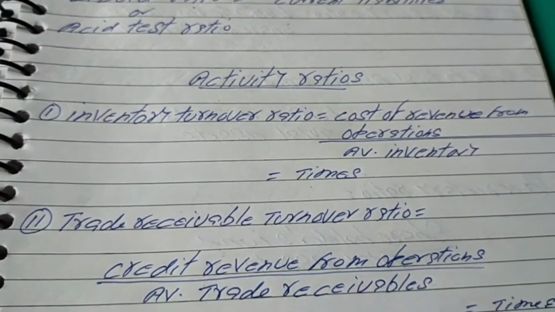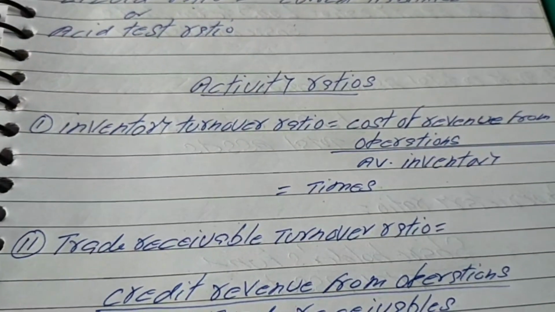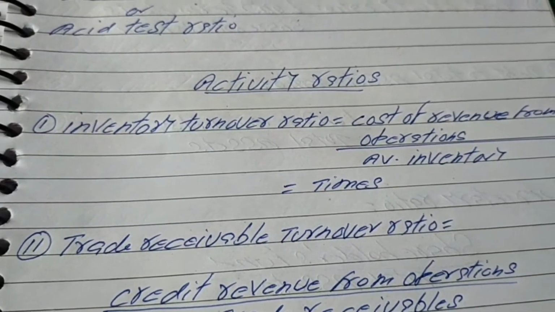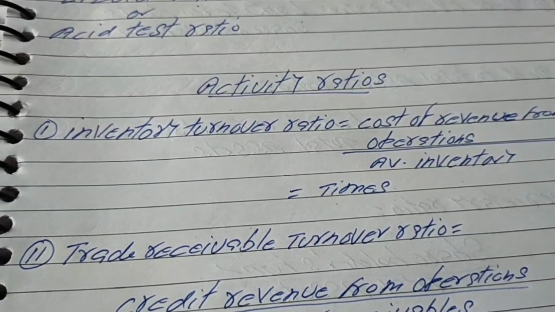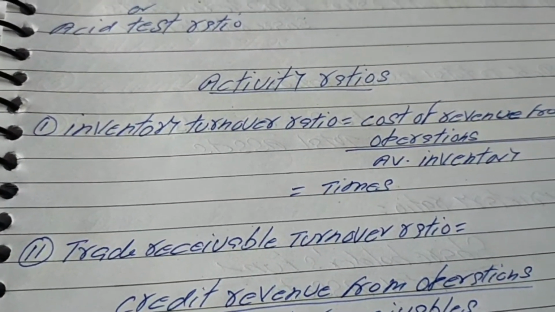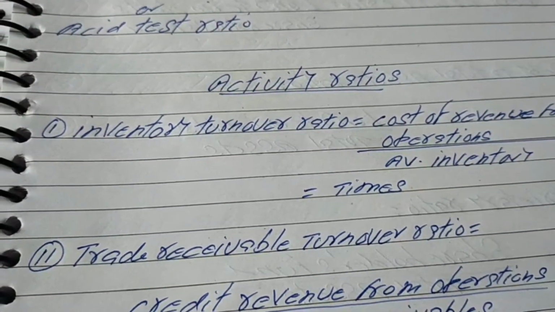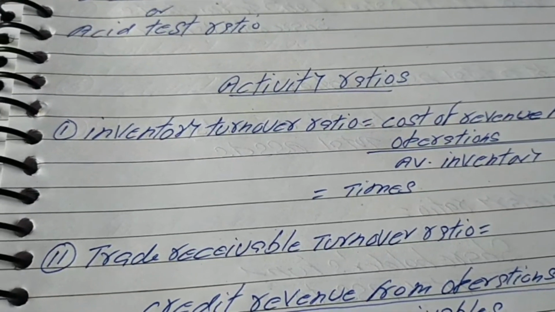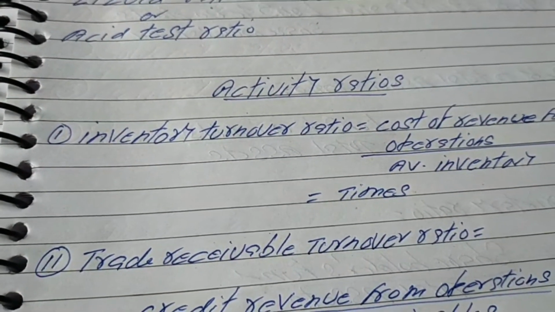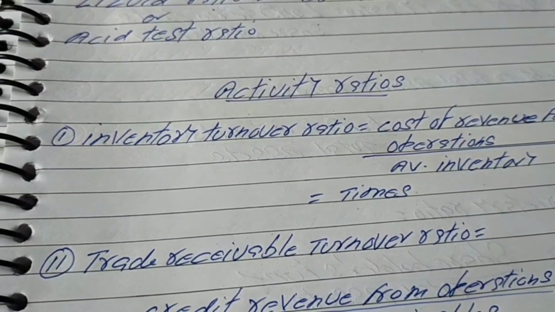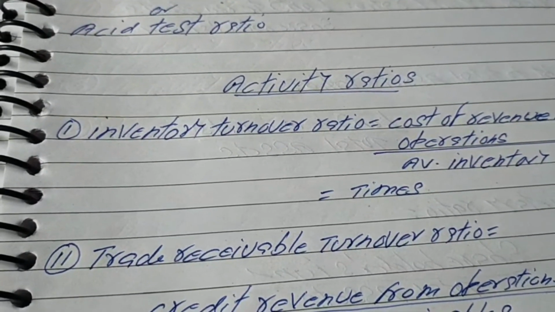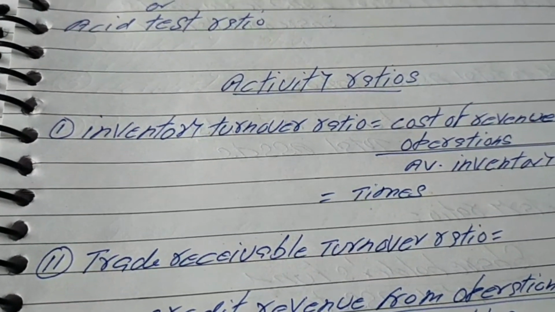Clear? Now come to the second ratio. Now it is activity ratio. What is the meaning of activity ratio? The first thing, these ratios are calculated on the basis of cost of revenue from operations or revenue from operations. Therefore these ratios are also called turnover ratios.